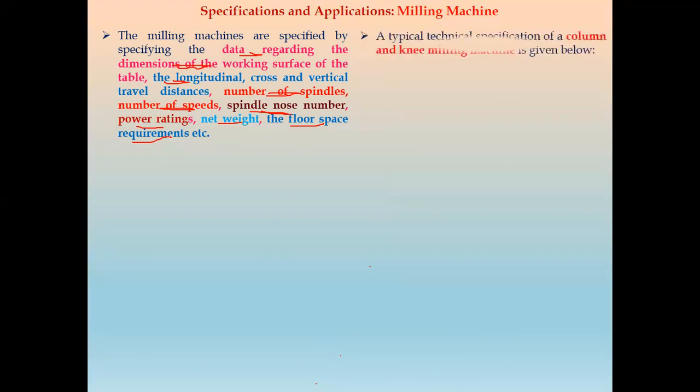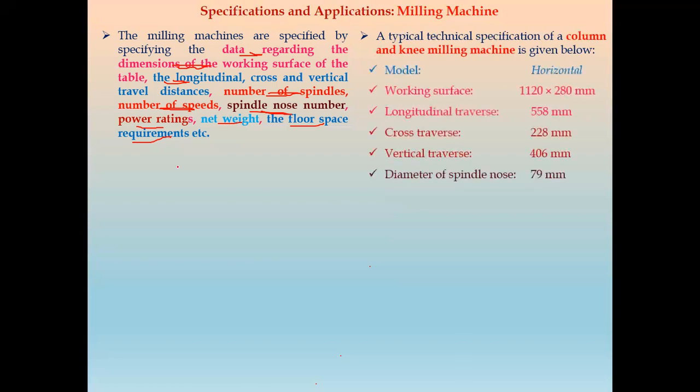We'll see an example, a typical technical specification of one of the milling machines, that is the column and knee type of milling machine. For example, the model is horizontal, so the type of milling machine is horizontal. Then we have working surface, which is 1120 by 280.